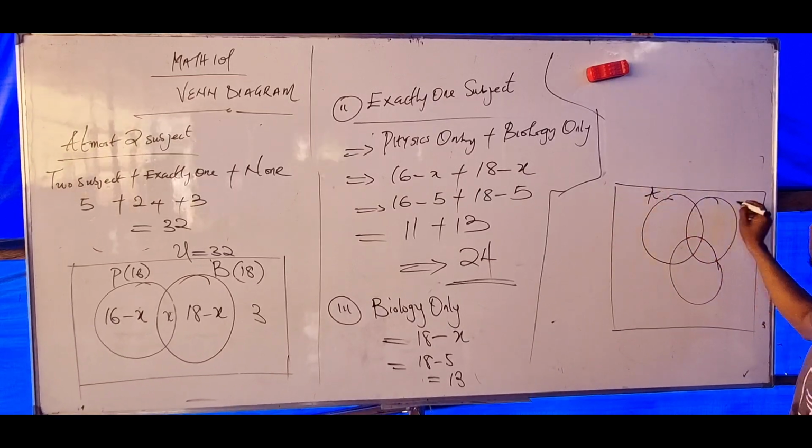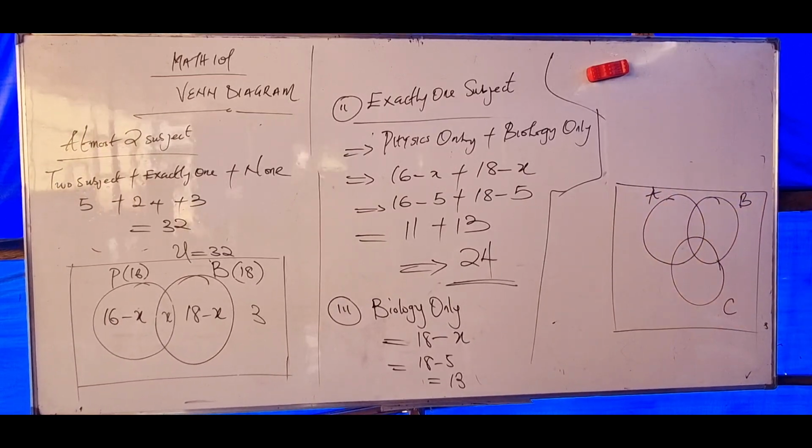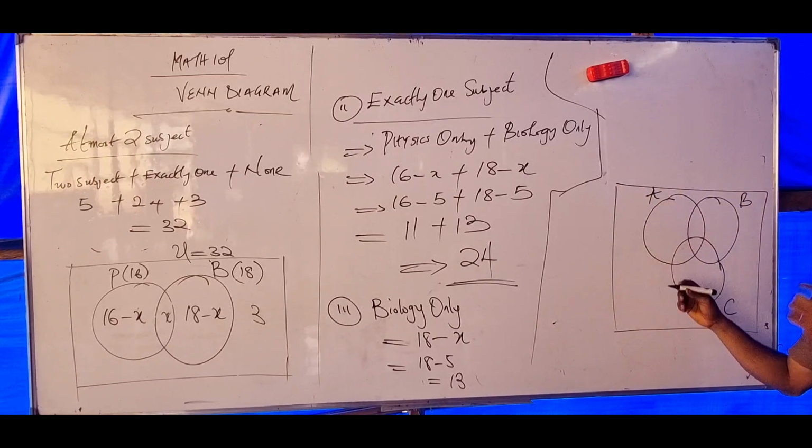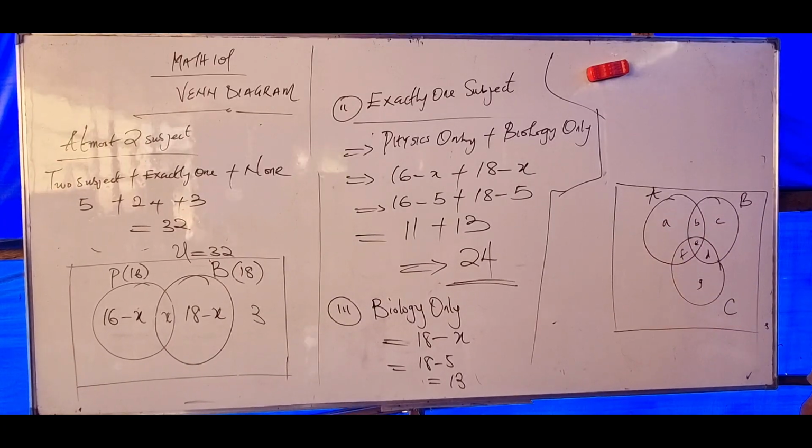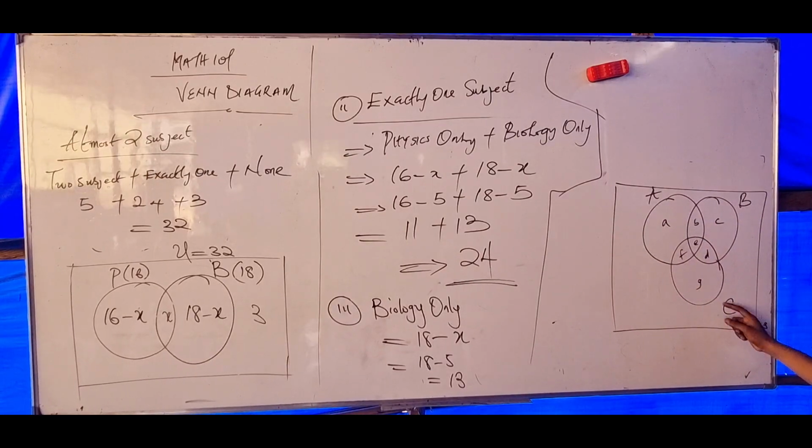This is subset A, subset B, and subset C. Let us put some numbers: A, B, C, D, E, F, and G. Are you getting the concept here? Let's say exactly A only is what? B only is what? C only is G. Are you getting the concept here?